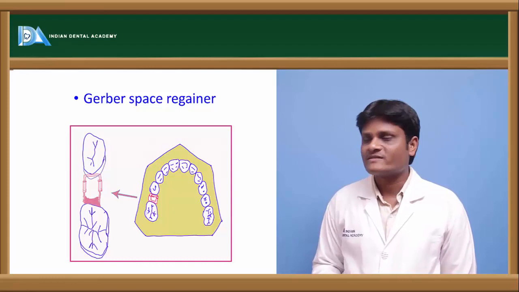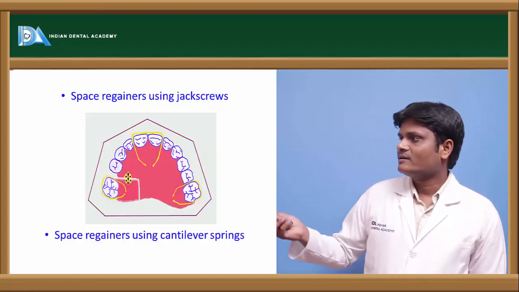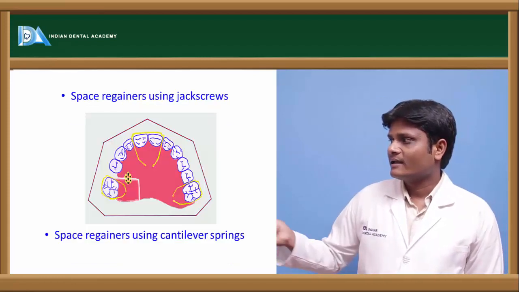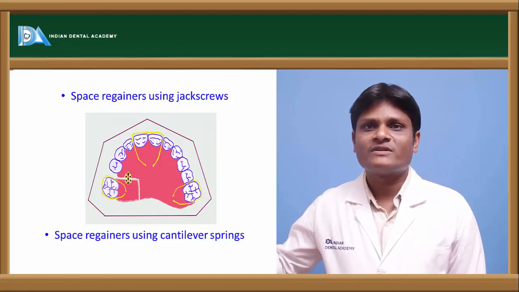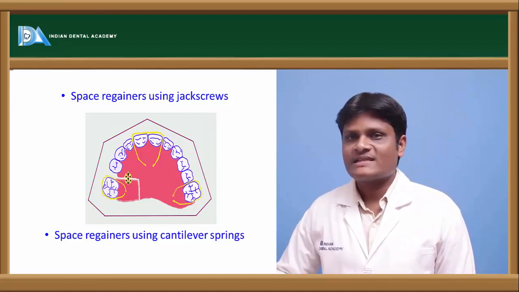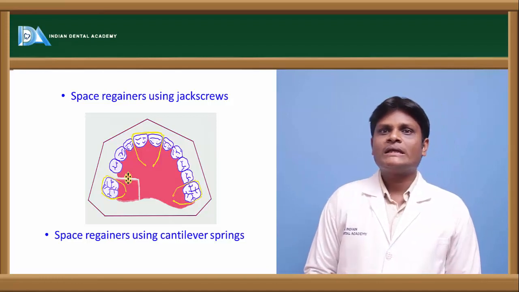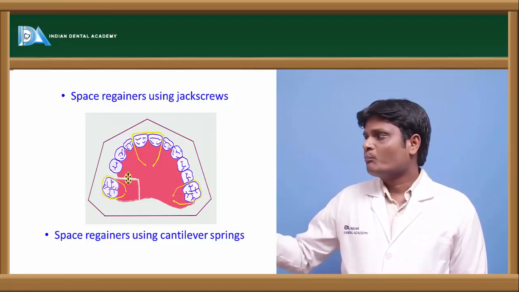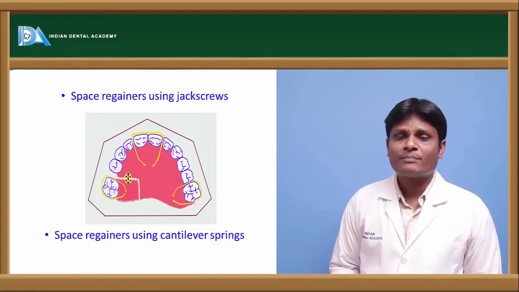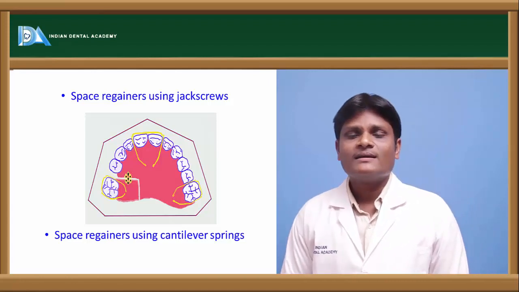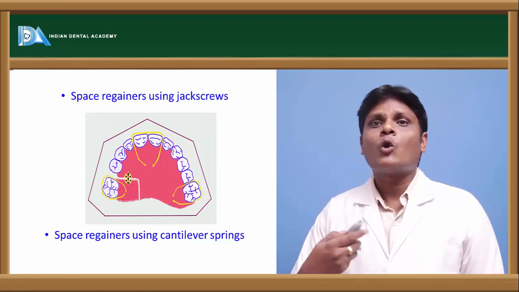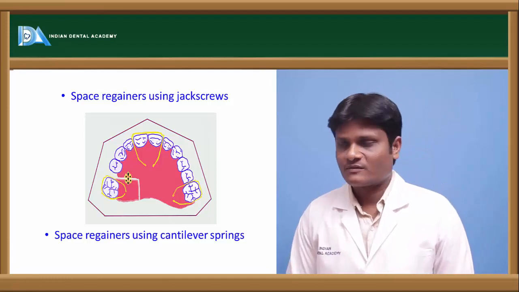This is one space regainer, and we have other space regainers like a split acrylic plate with a jack screw. We can fix the jack screw in this manner as you see in the image, and gradually activating the jack screw will push the mesially migrated permanent first molar distally, thereby opening up the lost space.